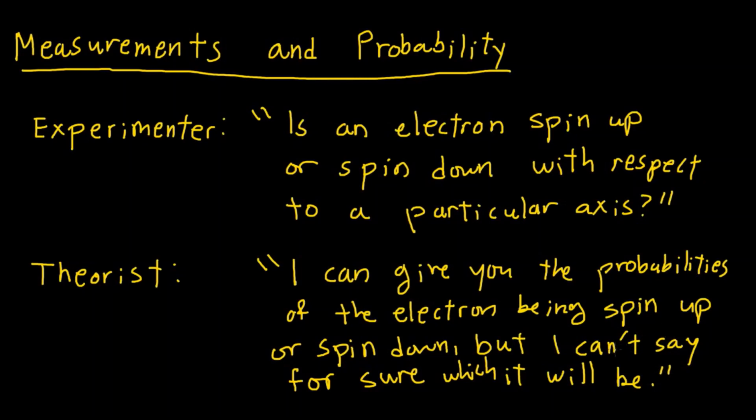So the theorist can't tell the experimenter whether it's going to be up or down with 100% certainty. All they can say is it's this percent chance that it's going to be spin up or this percent chance that it's going to be spin down. So this is the best you can do in quantum mechanics.